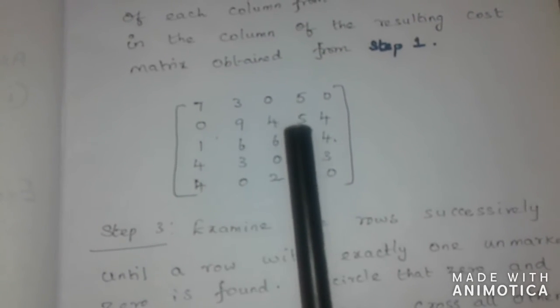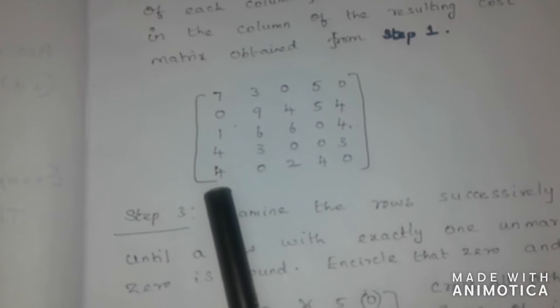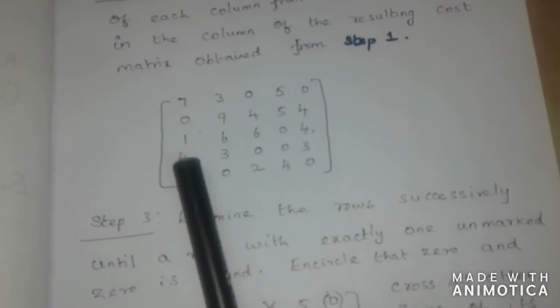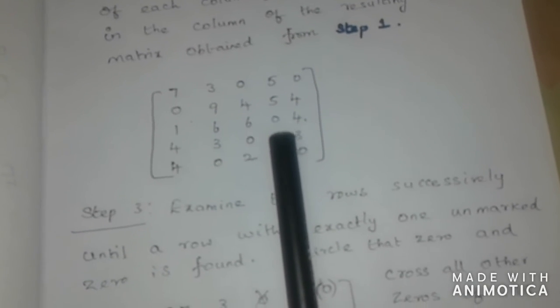Whereas in the second row, we have only 1 zero, so that 0 is encircled. If we have any other 0 in the column, it should be crossed, but we have no zeros in that column. When we come to the third row, we have only 1 zero, so it should be encircled, and the other 0 in that column should be crossed.